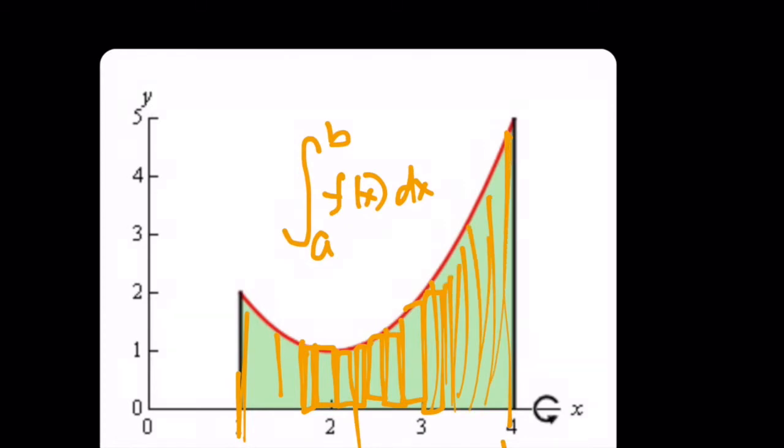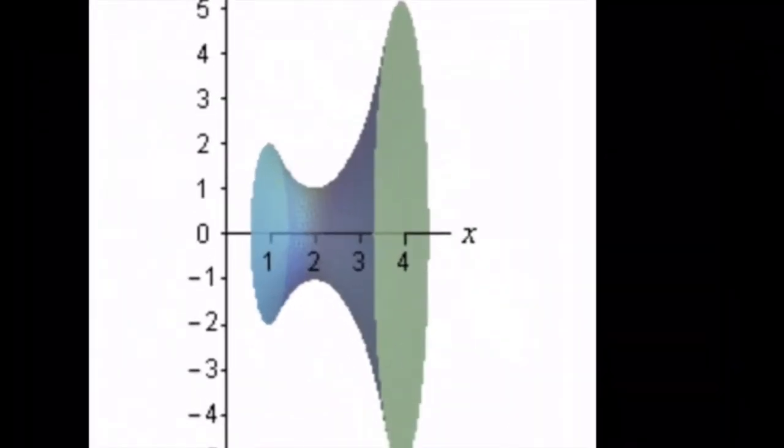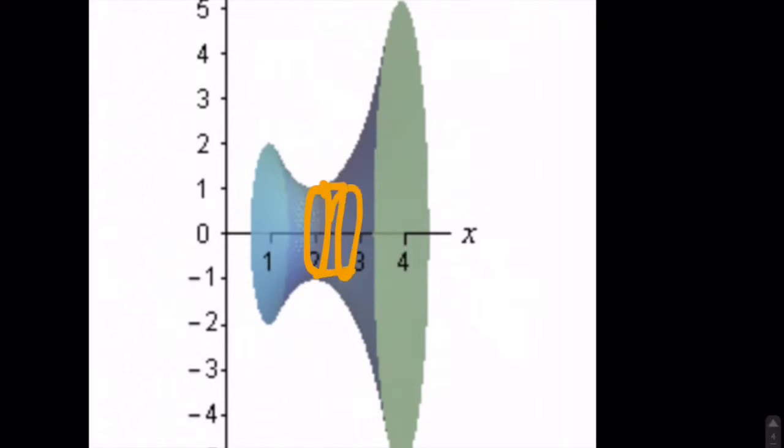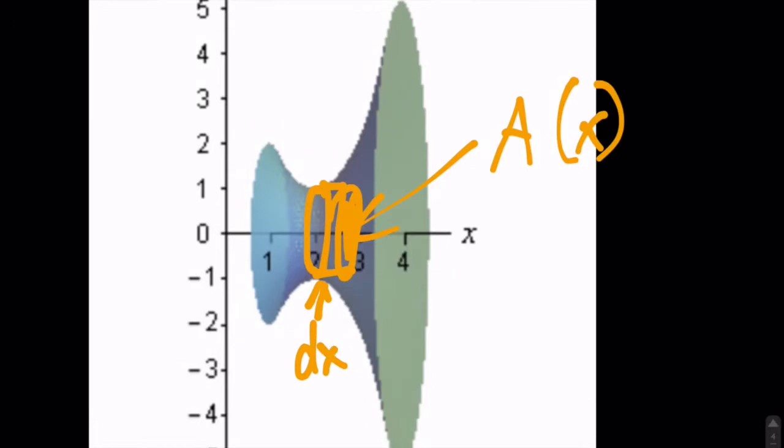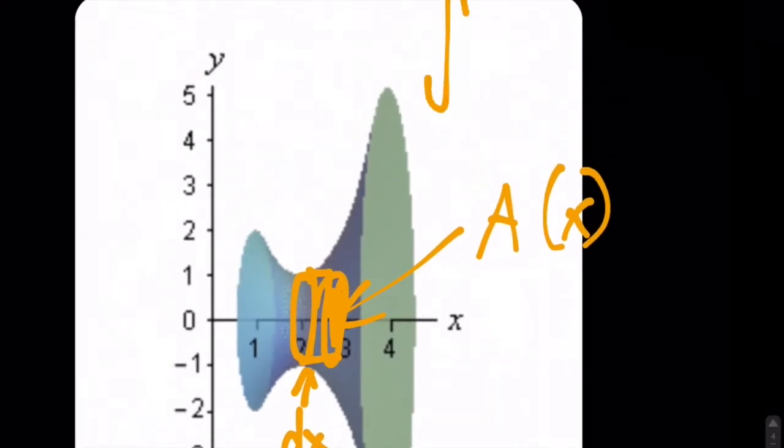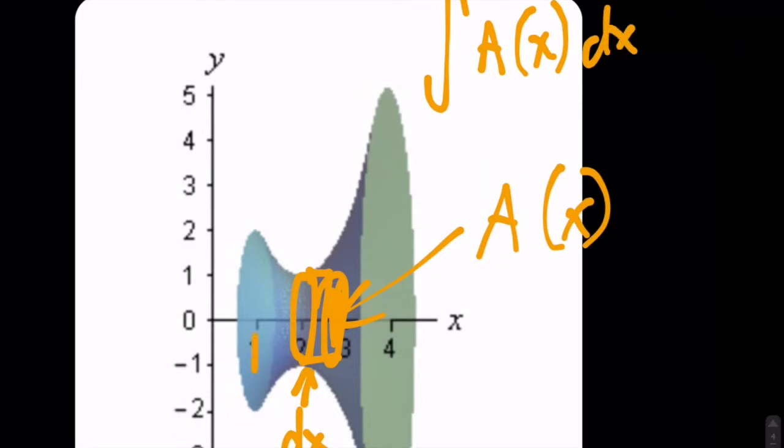So, let's try to do the same thing with 3 dimensions. First, we can try to approximate this using small cylinders, with which the area of the base would be a function called A of x, and the height would be dx. By integrating A of x dx from your bounds, you'll find the total volume of this region.